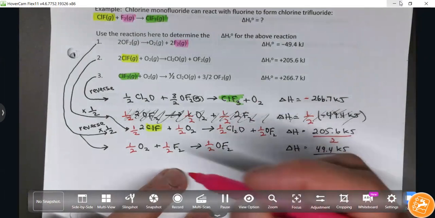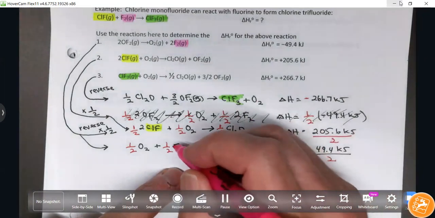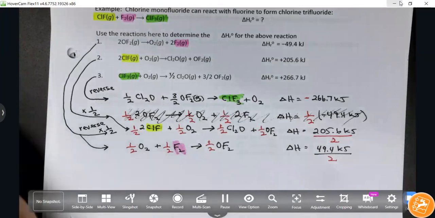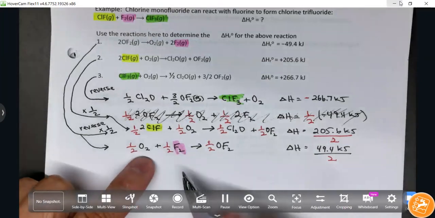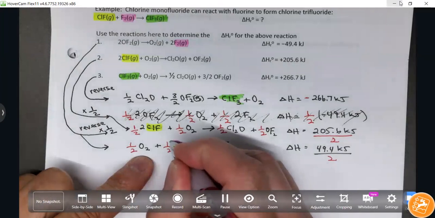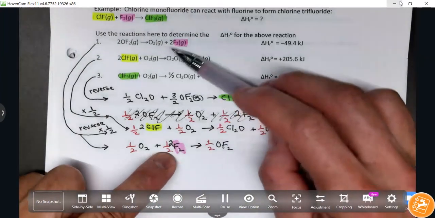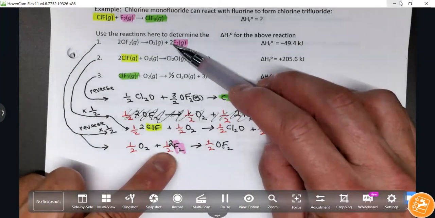Where is it? Not looking good. Did I write something wrong here? Reverse 1/2 of that one up here. Oh, I'm missing my 2. No wonder. There's a 2 right here. No wonder that doesn't look good. I missed this 2. That's this 2 right here.